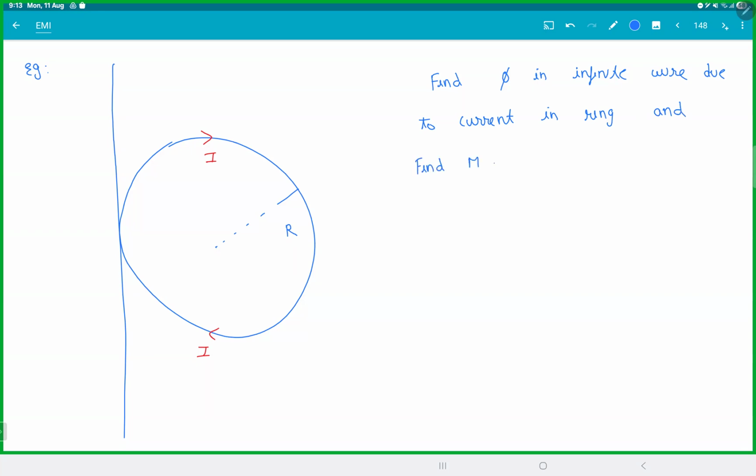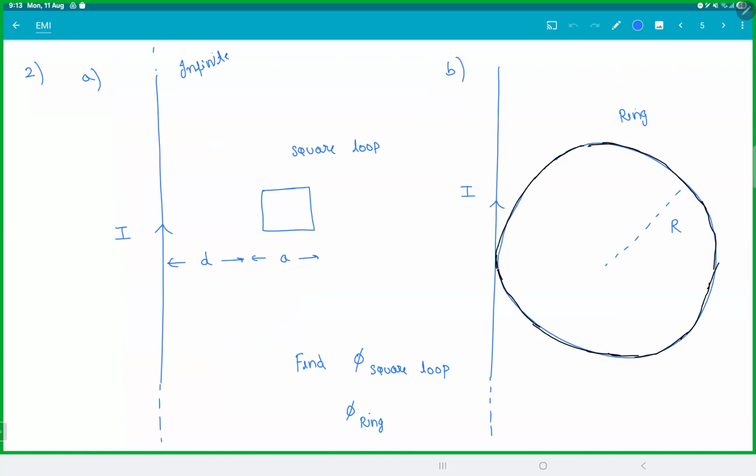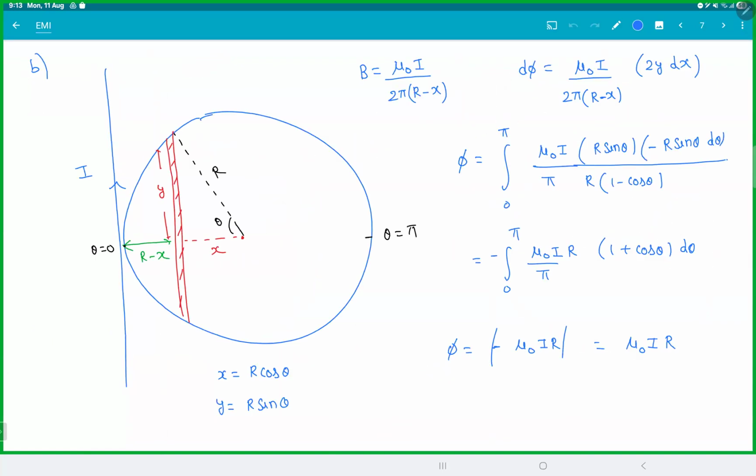Anyone remember the result? This was the question. Mu naught IR. This is how they'll frame a question. They'll put it in terms of mutual inductance. Do you remember? It was 3B, 2B.